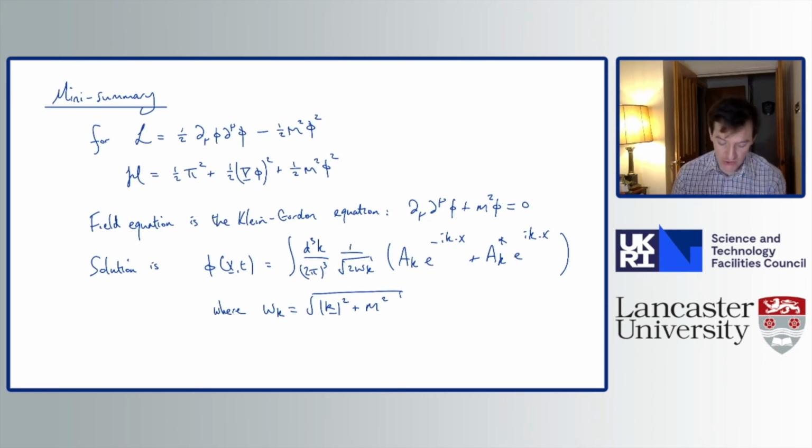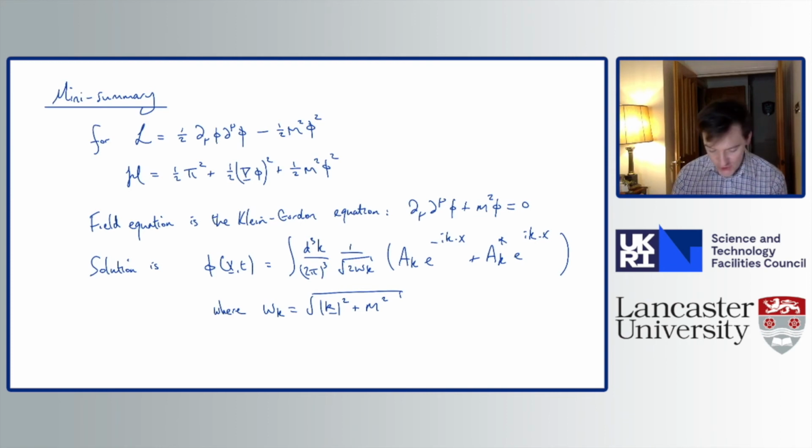We found the solutions. We've shown that the classical solutions are a superposition of essentially plane waves, so e to the ikx and e to the minus ikx solutions, where we sum over all of the possible values of k.